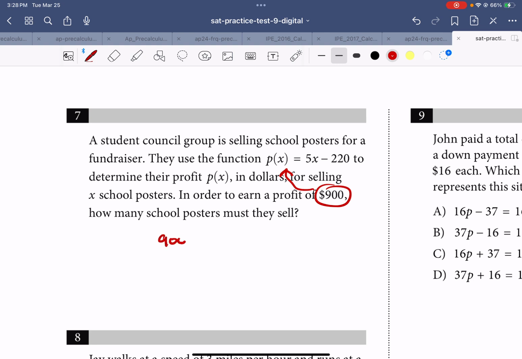So 900 equals 5x minus 220. Now you add 220 to both sides, so it'll be 1120 equals 5x, and you divide by 5, so x is 224. Okay, so they need to sell 224 posters in order to make a profit of $900.